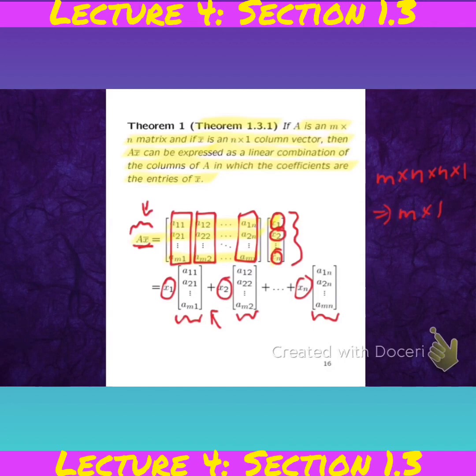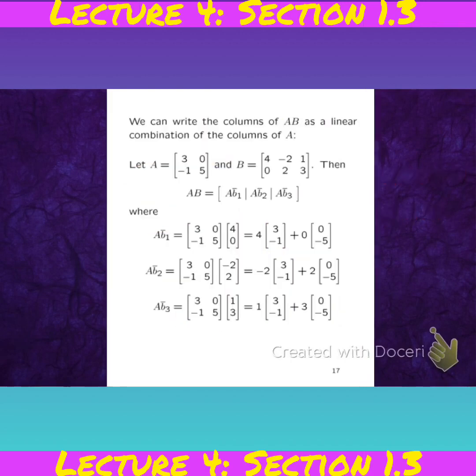So my previous illustration illustrates this theorem very, very well. So it's the same argument. Okay, and so it follows that we can write the columns of A times B as a linear combination of the columns of A. And we just illustrated that as well.